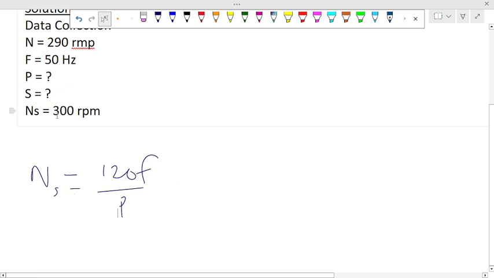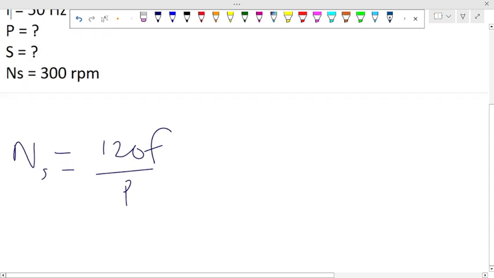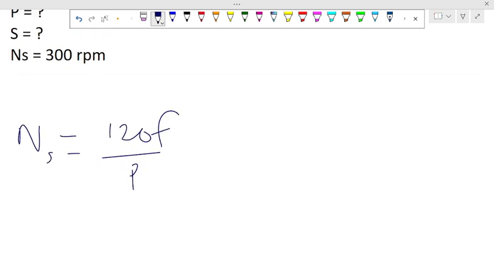Do we have Ns? Yes. Do we have frequency f? Yes. Do we have poles? No, poles is what we are looking for. So all we have to do is make P the subject of the formula, and this will give us P equals 120f over Ns.